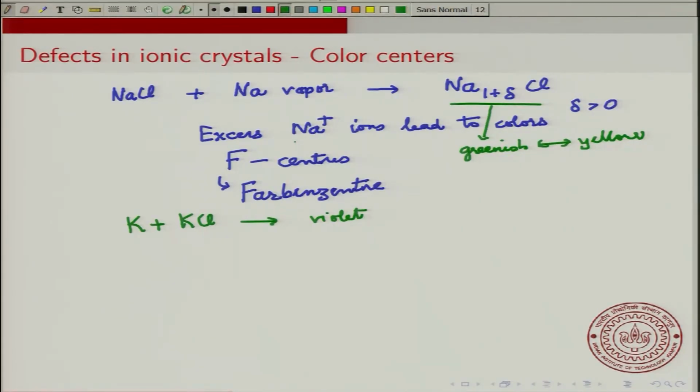Just as you have an F center, I'll just list the names of some of them. You could have something called an F prime center. In this case, you have a pair of electrons in an anion vacancy.